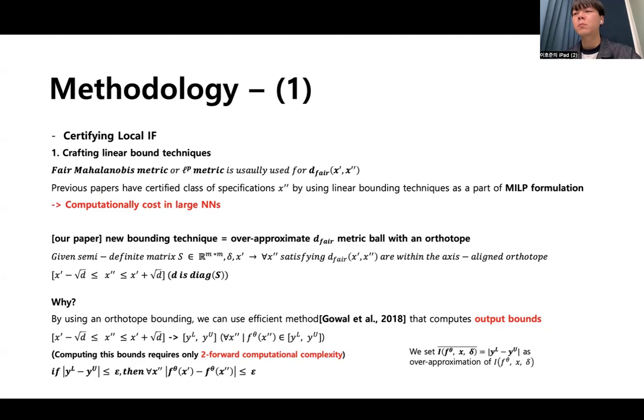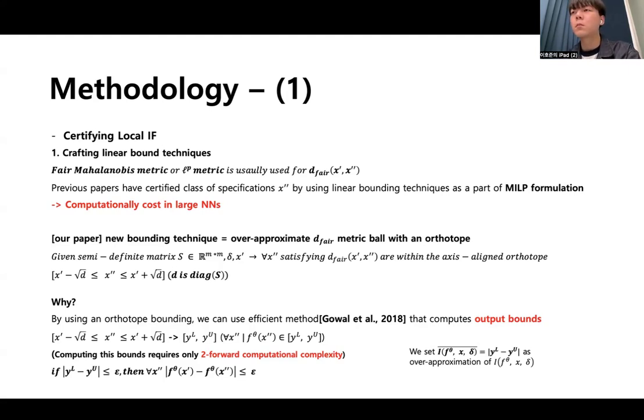To reduce this time complexity, the paper applies axis-aligned isotope over approximations to the existing fair distance ball. This is to apply the formula for output bounds defined in previous papers. By using this over approximate bound, the maximum bounds of the neural network output can be determined, and if this value is less than or equal to epsilon, the neural network satisfies local individual fairness for the given linear bound.